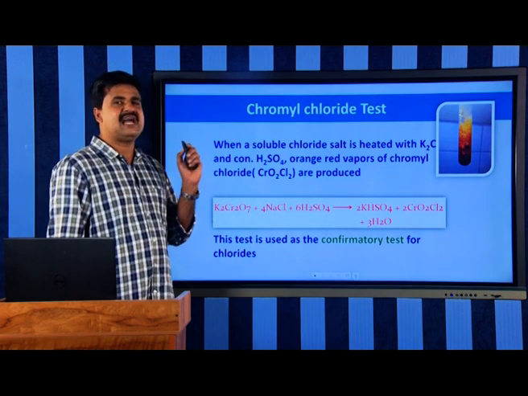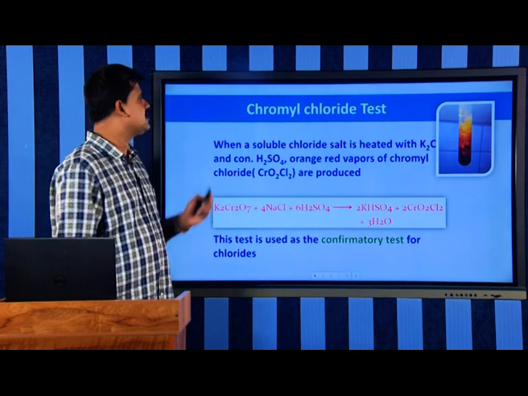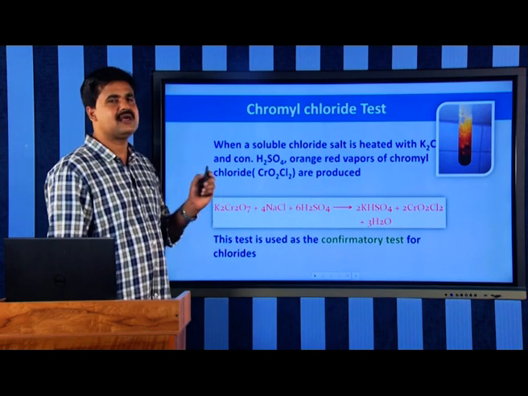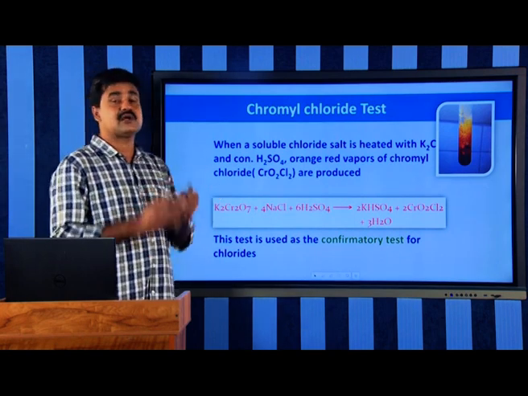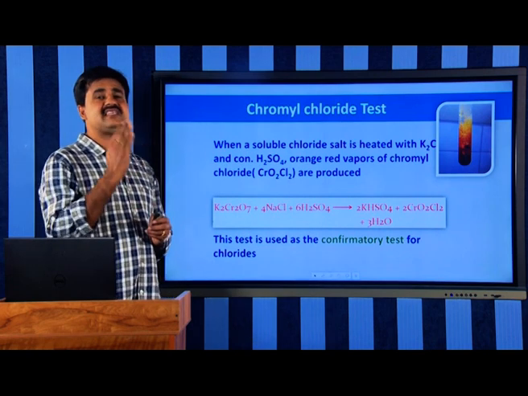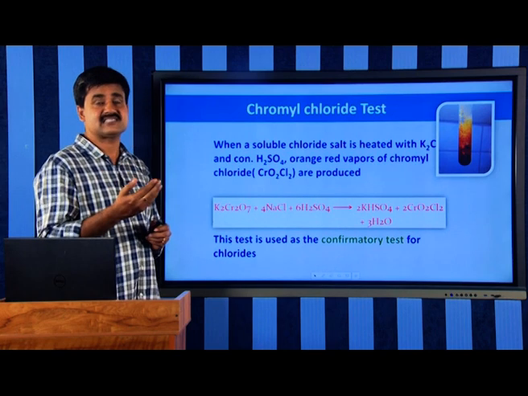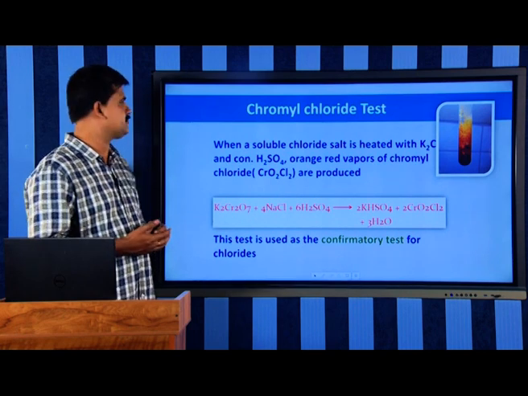Now, another important reaction of potassium dichromate, the chromyl chloride test. Chromyl chloride test is a test for chloride. It is a confirmatory test in qualitative analysis.